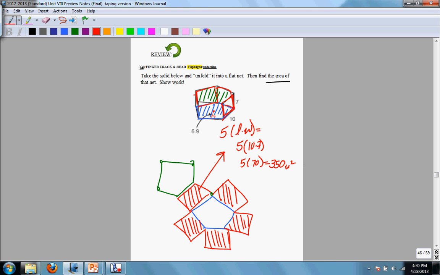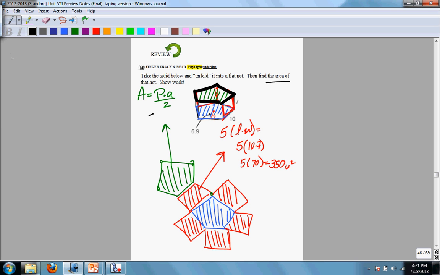That's the red. Now we have 2 bases, the blue and the green, which are exactly the same, and they're regular pentagons. So that is going to be area equals perimeter times apothem over 2. And our perimeter here is walking around this edge: 10, 10, 10, 10, 10.